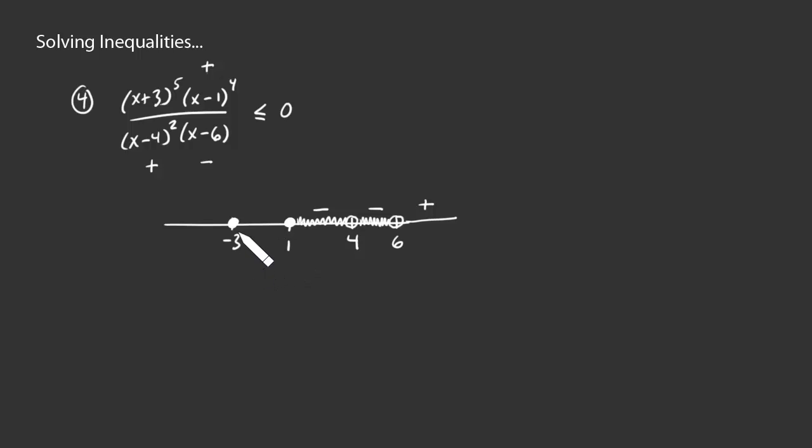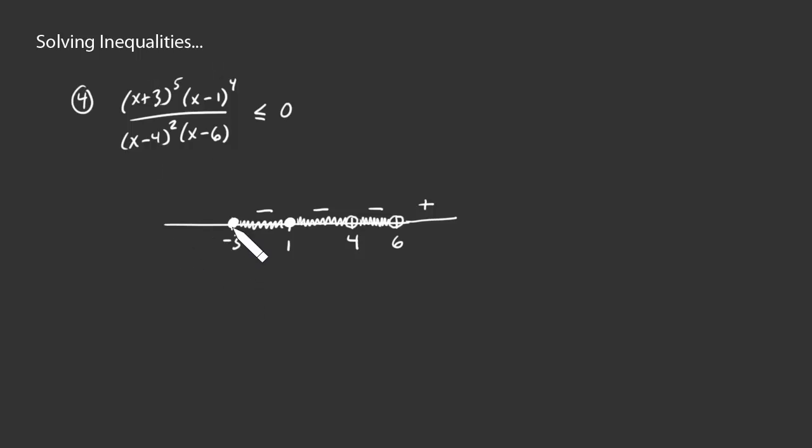The smallest I might be would be negative 2.999 and so on. If I add 3 to that, that's a small positive. Anything in this interval, if I add 3 to it, it's going to be positive. Again, raising that to the fifth power gives us a positive. So, yet again, we have the product of 3 positives and a negative. That's negative. Those are values we want to keep because we're after the stuff less than or equal to 0.